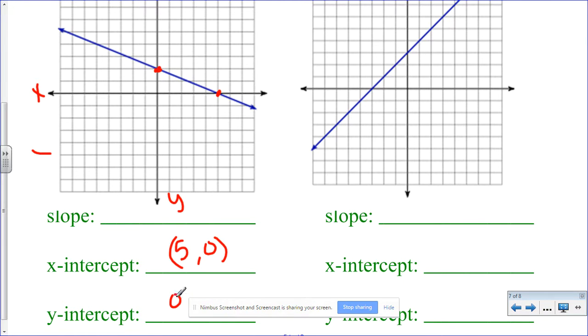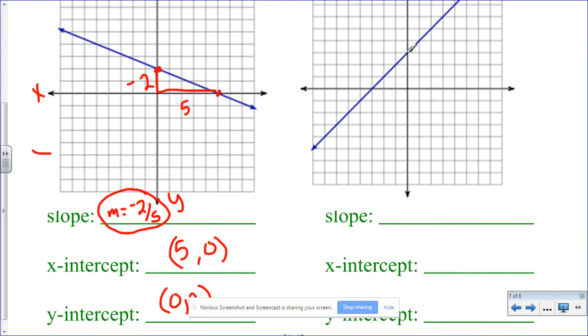So we're going to go right 0, up 2. So draw your triangle in. We're going down 2 this time, down 1, 2, and over 1, 2, 3, 4, 5. So down 2, over 5. I can't reduce this, so I'm going to leave it as it is.